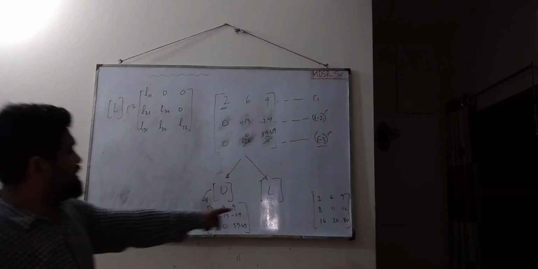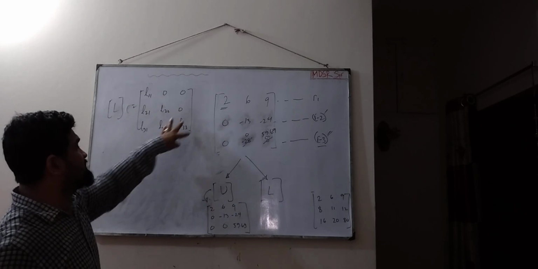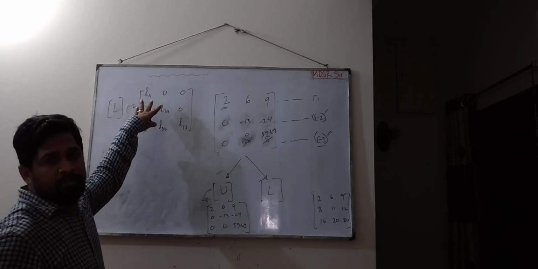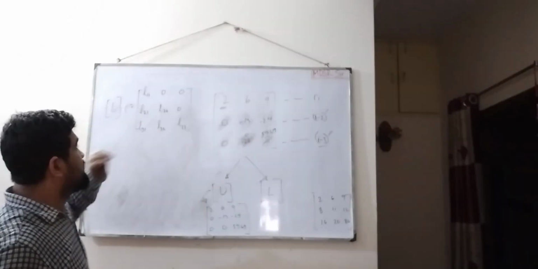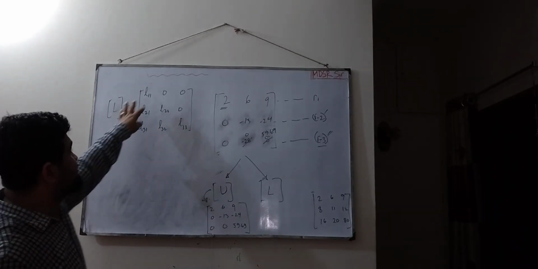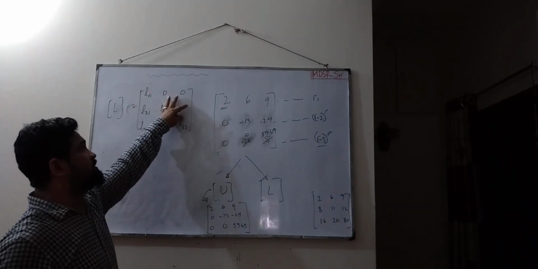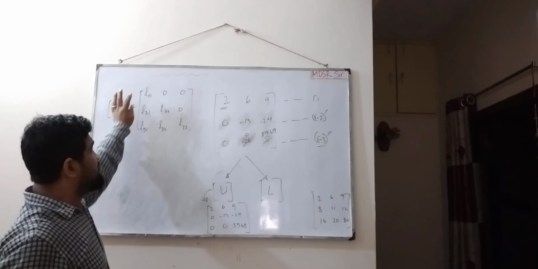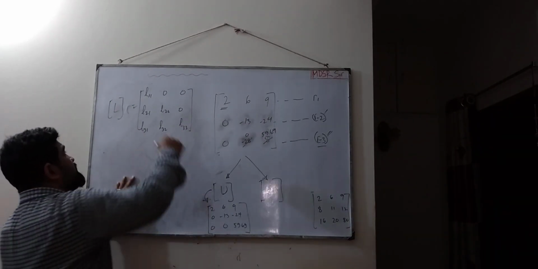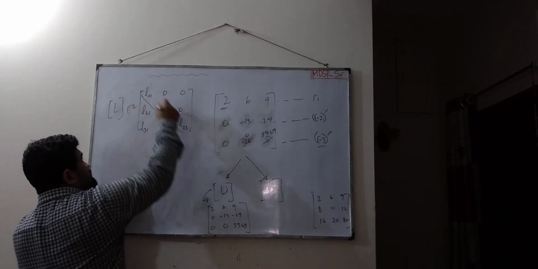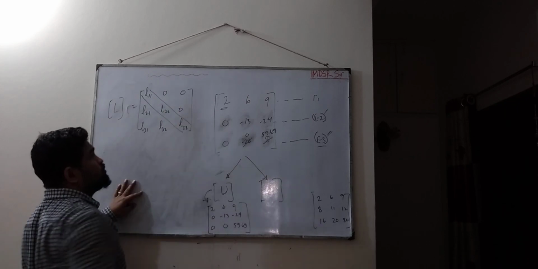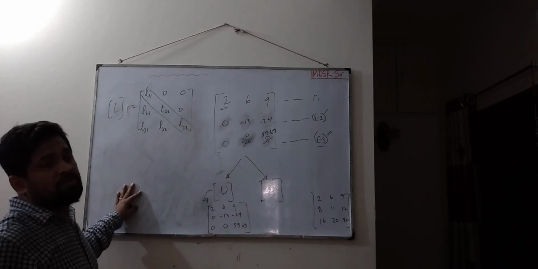So for the L matrix, we need to solve for this setup. We can see that the upper elements are all 0. Not only that, for the L matrix the diagonal elements L11, L22, L33 are all 1.